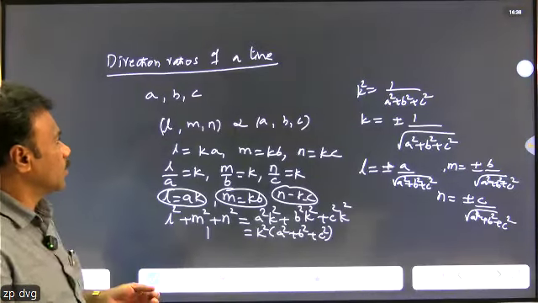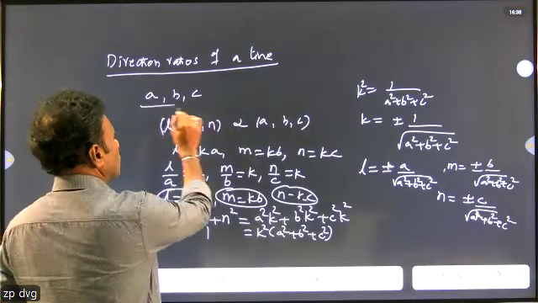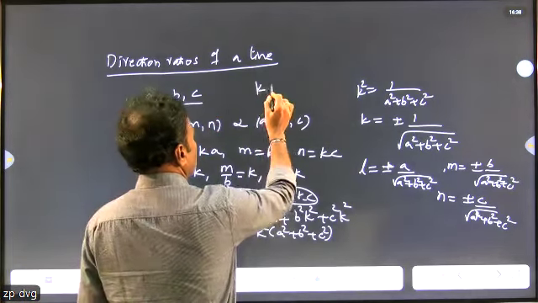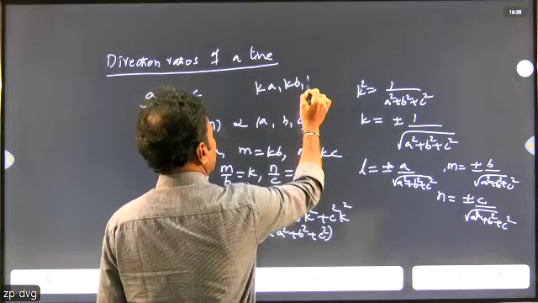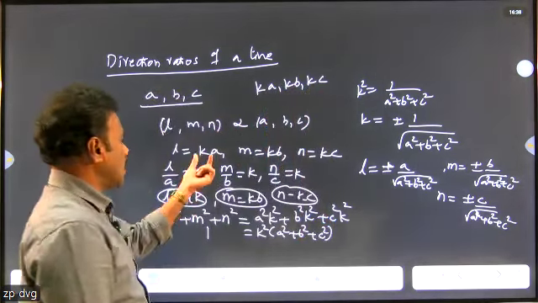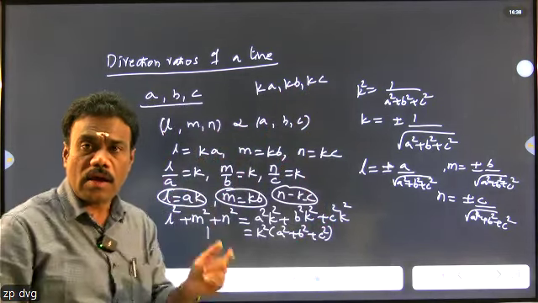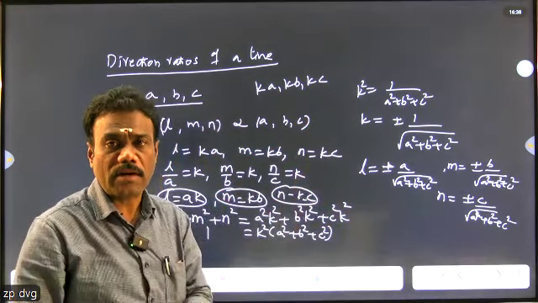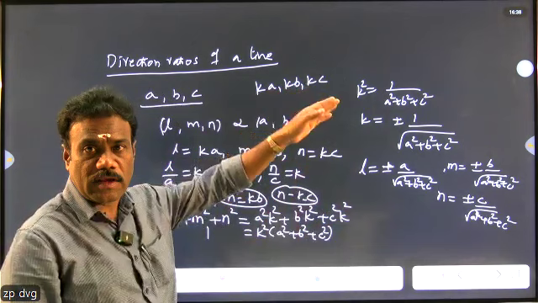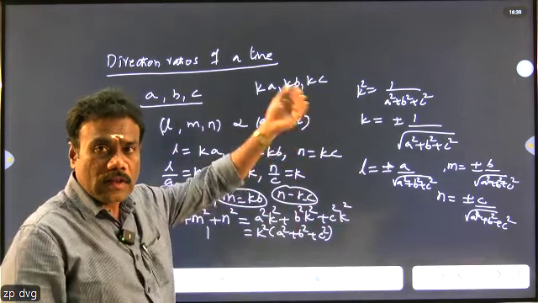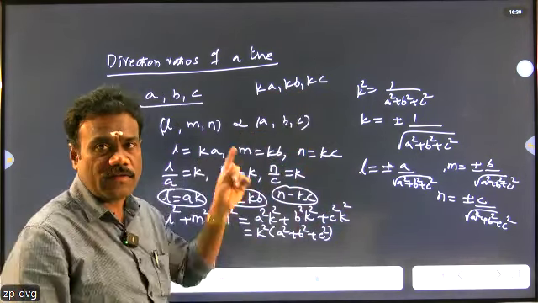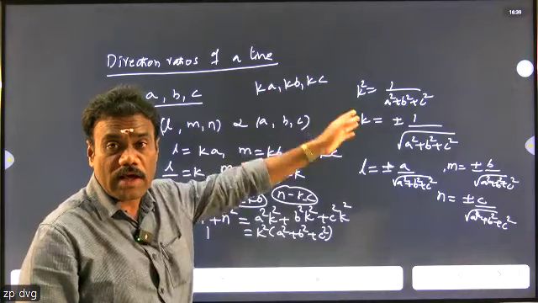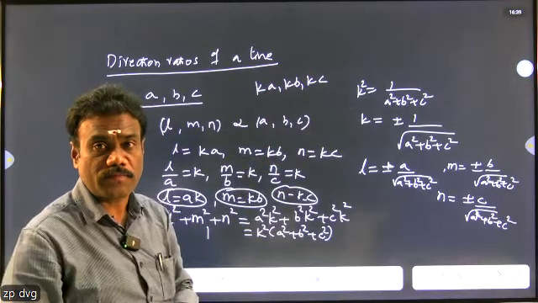So if a, b, c are the direction ratios of any line, then ka, kb, kc, where k is a constant real number, are also direction ratios of the same line.